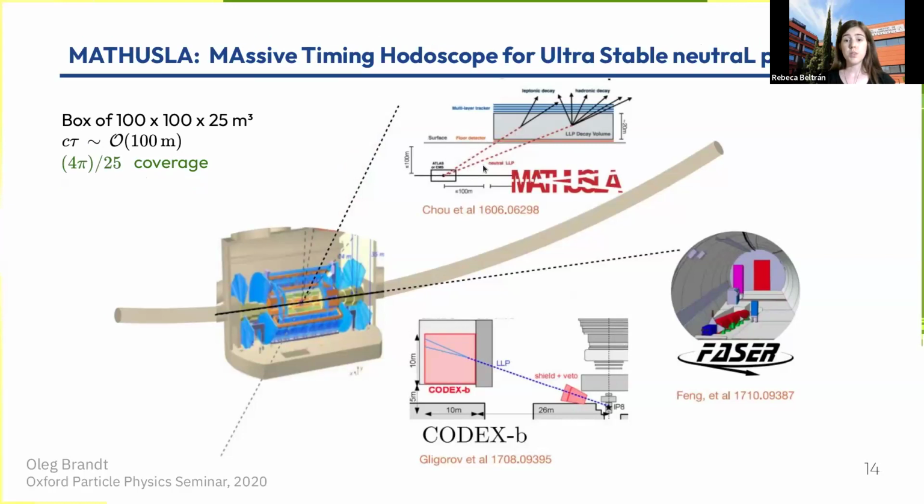It will also be shielded by all this rock between the main detector, between CMS and the detector itself. This will ensure that there will be zero background, at least in the upward direction. And if it is approved, this will be the largest of the experiments.